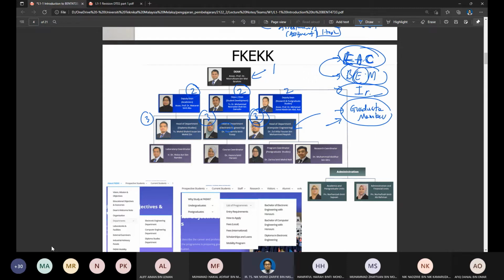If not, you are not allowed by law. If you are not registered with BEM and there is a disaster or a machine fault, you are not protected by the Act of 67, if I'm not mistaken. Later on, we will discuss that.